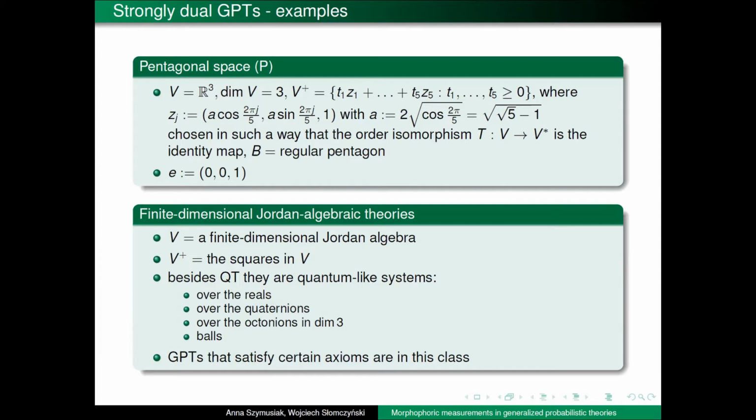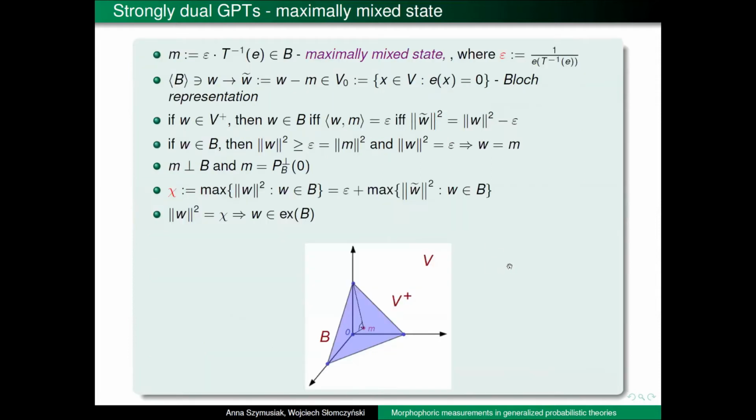Under some additional axioms, we can assume that a GPT is in this class of Jordan algebra generated GPTs. So there is plenty of examples, and we try to look at their common features. In every such space, we have something which can be called the maximally mixed state.